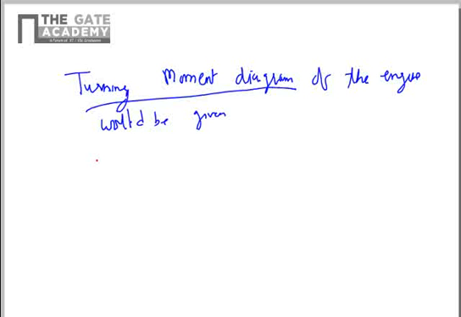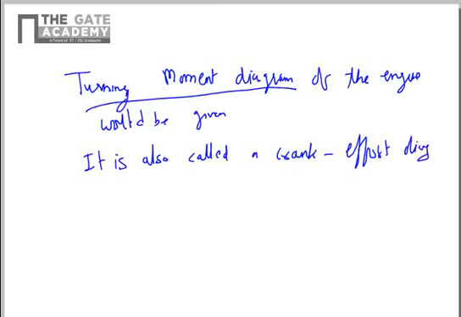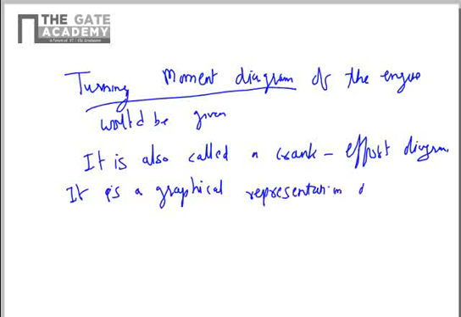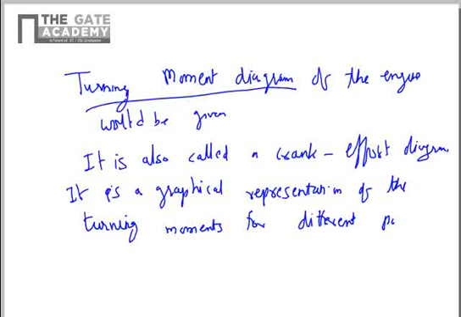Definition of turning moment diagram: it is also called a crank effort diagram, and it is a graphical representation of the turning moments for different positions of the crank.